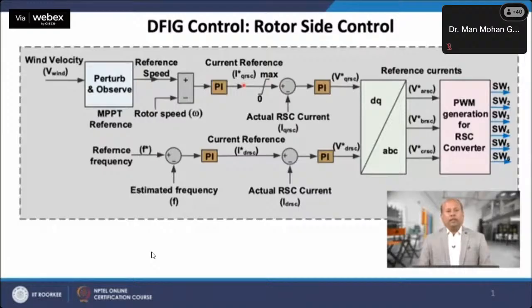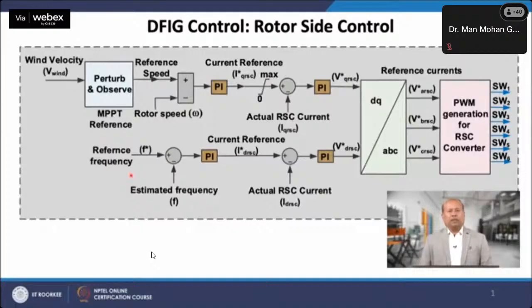Now, the D axis part of the rotor current is governed for managing the stator power factor. This is done by introducing reactive power for smooth variation.